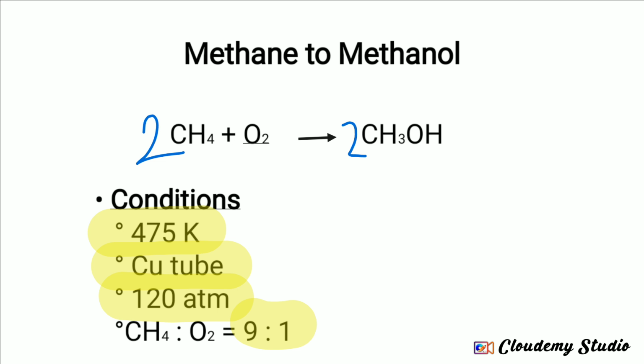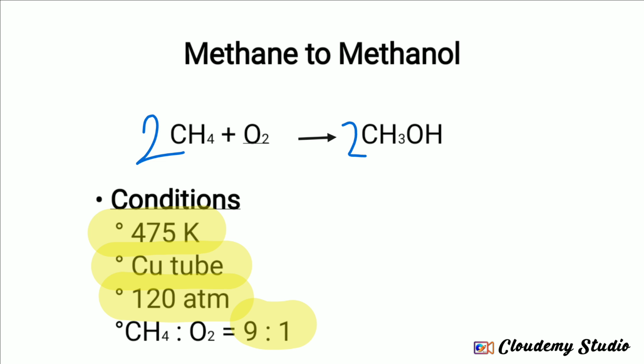So now 2 carbon, 2 carbon. Hydrogen: 2 fours are 8, 8 hydrogen atoms. Here also 3 plus 1 is 4, 4 times 2 is 8. Oxygen: 2 oxygen, here also 2 times 1 oxygen. So all the atoms are equal. So now the equation is balanced.